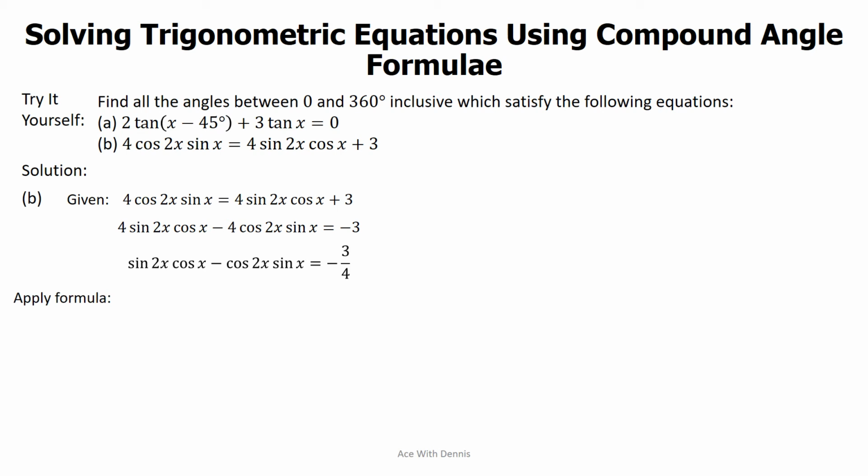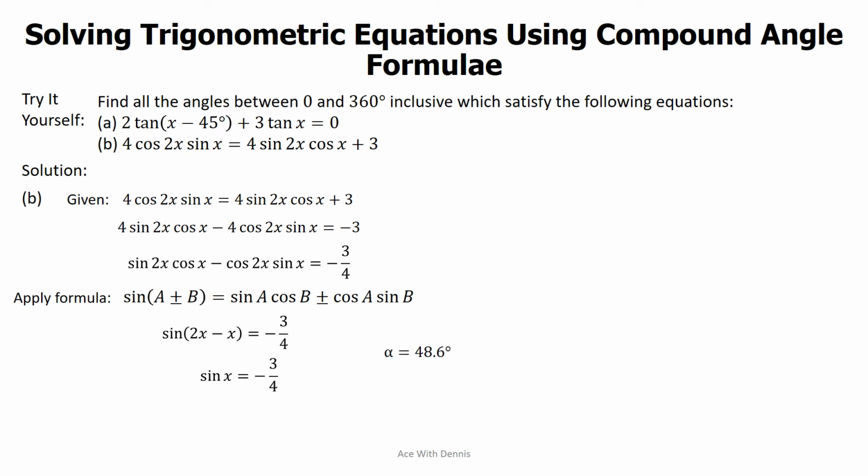And from here, we can apply the formula sine (a ± b) equals sine a cosine b ± cosine a sine b. Hence, the equation becomes sine (2x − x) equals negative 3 over 4, which is sine x equals negative 3 over 4.